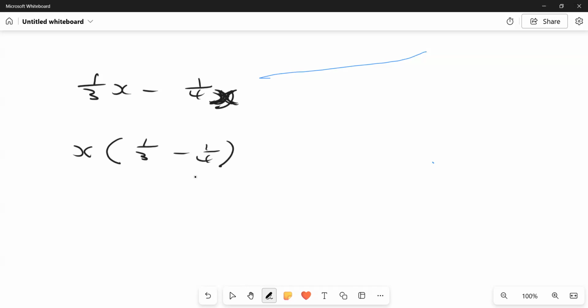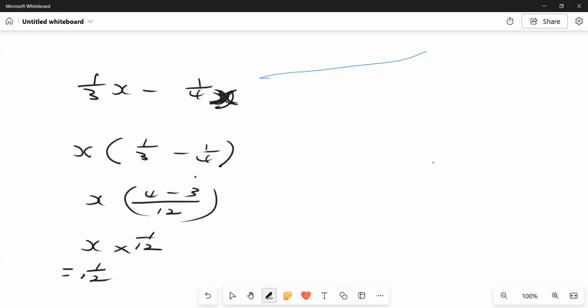You do what you got to do there, right? So your LCM is 12, 4 minus 3. And you end up with x times 1 over 12, which is 1/12 x, right?